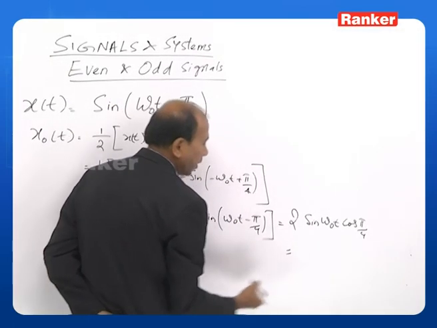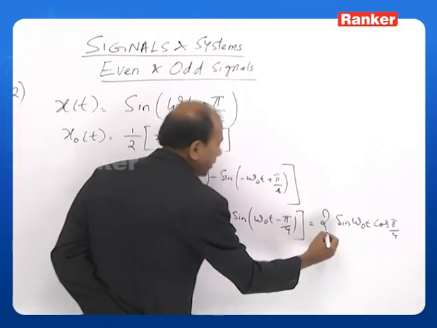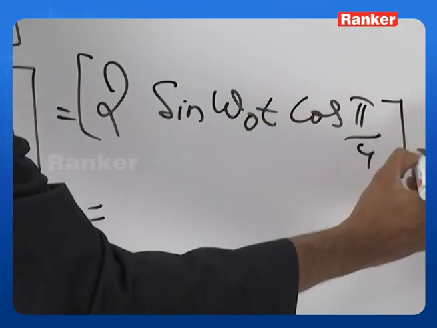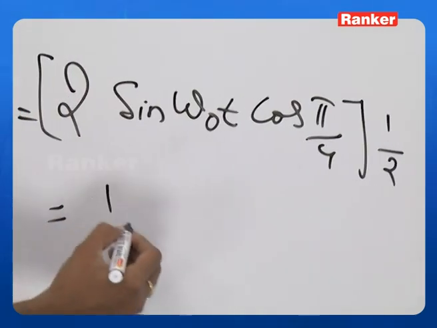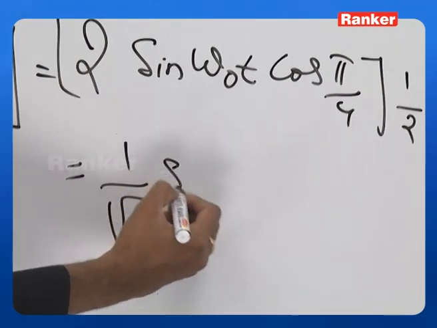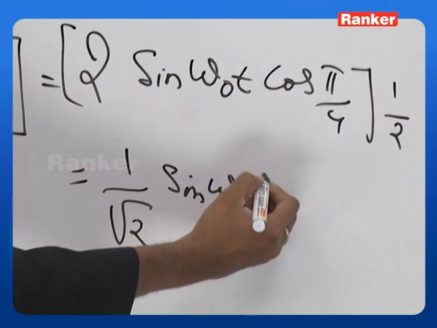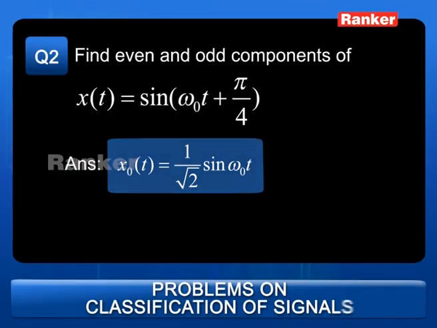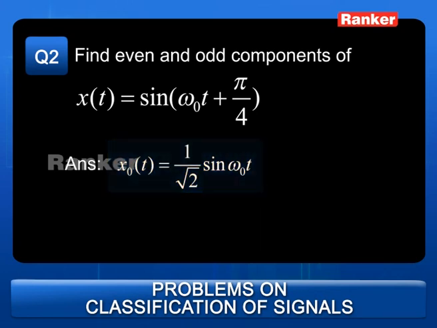So, this will be equal to, here half is also there. So, half. So, this will become 1 by root 2 sine omega naught t. So, this is the odd component of your given signal. So, let us write both of them here, even component, odd component here.